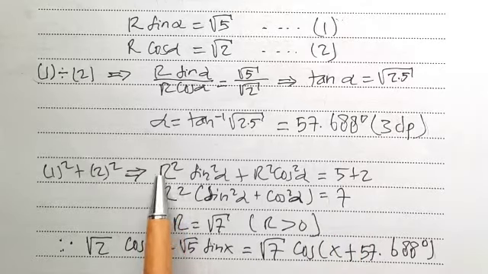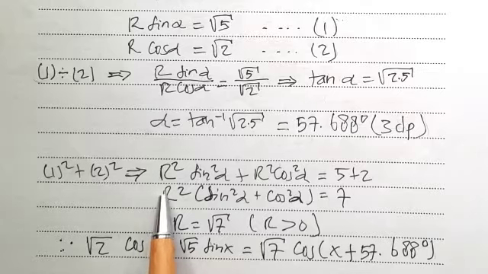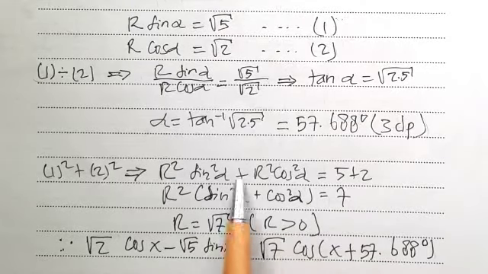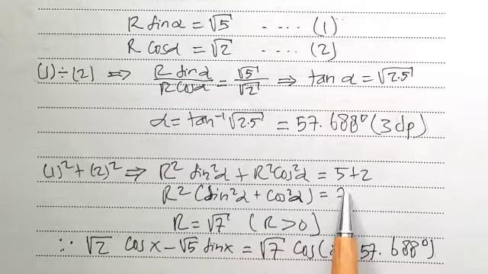For the left-hand side, factorizing, put r squared outside the bracket: r squared times (sin squared alpha plus cos squared alpha) equals 5 plus 2, which is 7. Since sin squared alpha plus cos squared alpha is 1, r squared equals 7, or r is square root of 7 since r is more than 0.